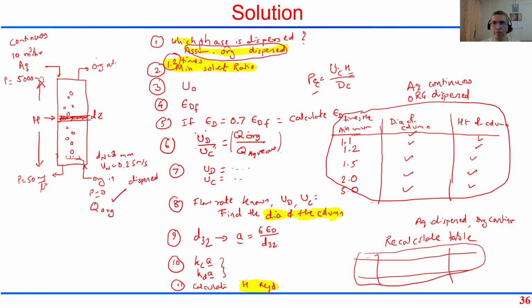But remember that Uc is small. It is of the order of millimeters per second, 1, 5, 10 millimeters per second. So it's not uncommon to have Peclet numbers in the range of 20, 30, 50, rather than in the range of hundreds. So axial dispersion, yes, we do have to account for. Right now we have done it only for the case where axial dispersion is insignificant. Peclet numbers are very large.